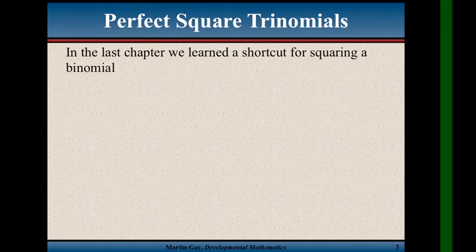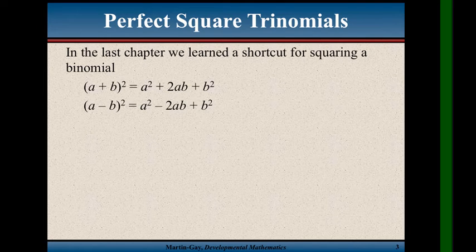In the last chapter, we learned a shortcut for squaring a binomial. (a plus b) raised to 2 is equal to a squared plus 2ab plus b squared. (a minus b) raised to 2 is equal to a squared minus 2ab plus b squared.